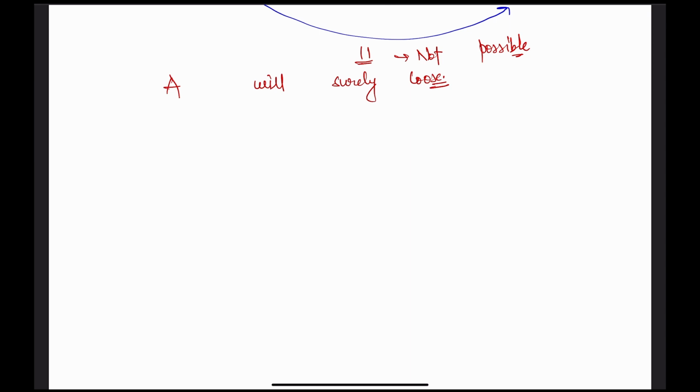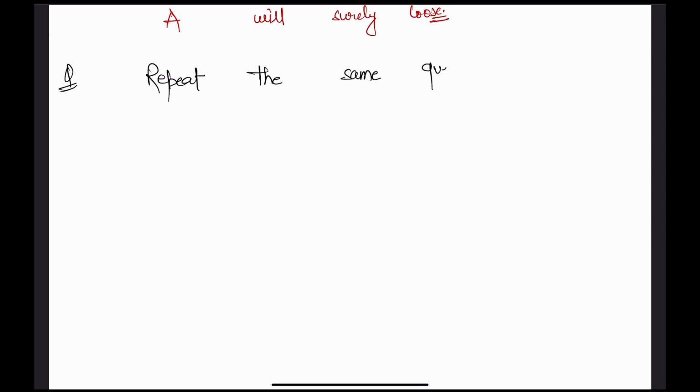So in the same question, A is going to lose, but if the question is a little bit different, repeat the same question with just a change in the coins: 1272 coins.